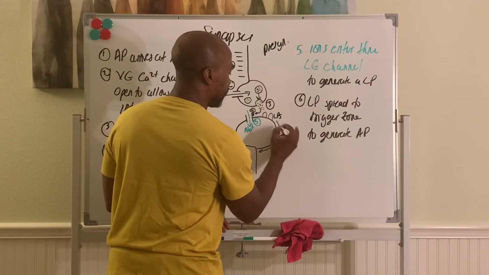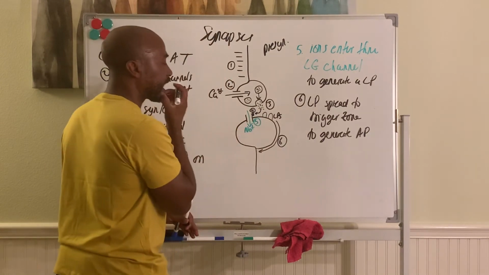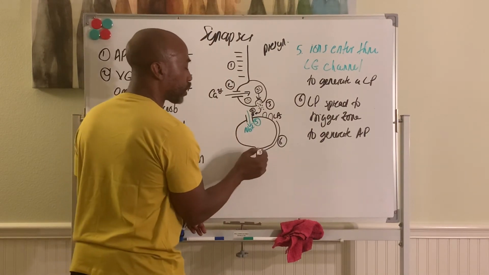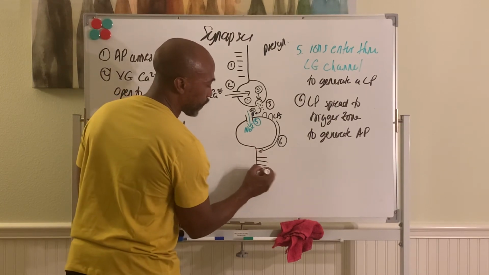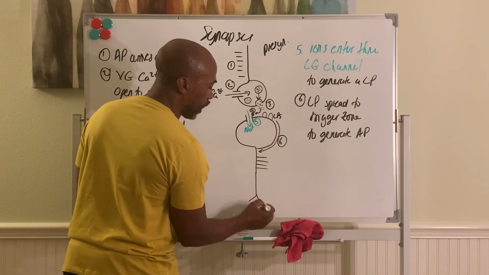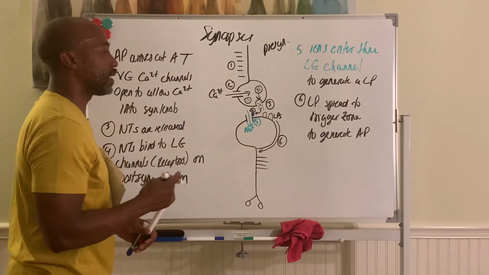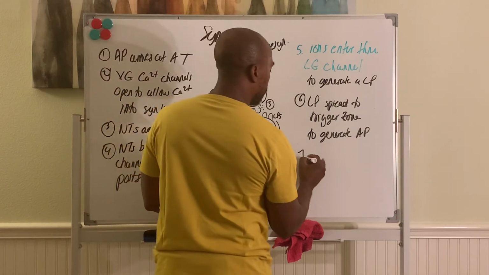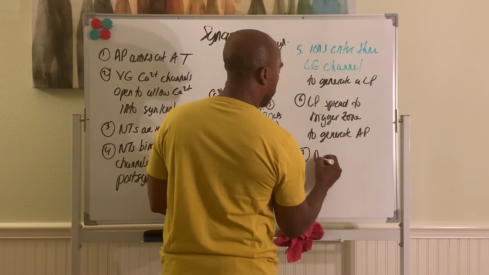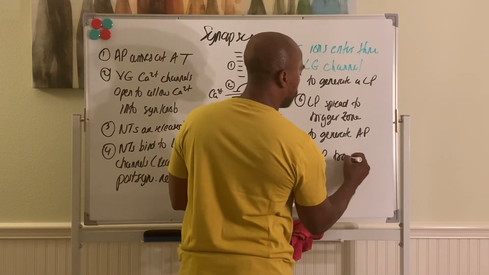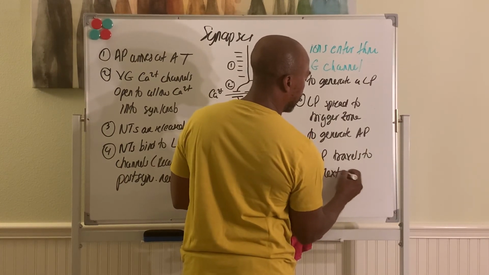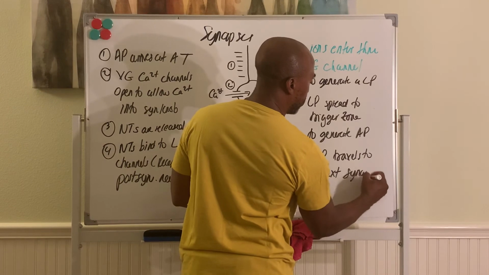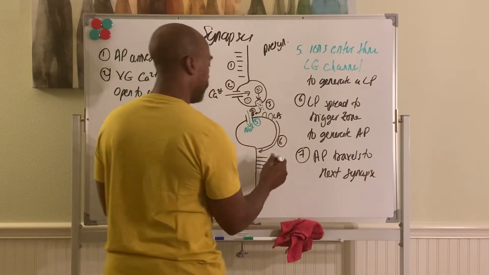It spreads, travels without decaying enough to bring this to threshold. And once that happens, then this fires. And then that would travel down to its axon terminal and repeat the process. And then step seven, the AP travels to the next synapse.